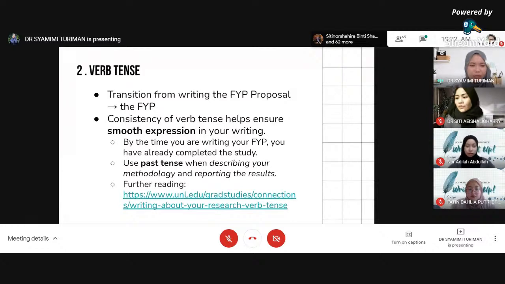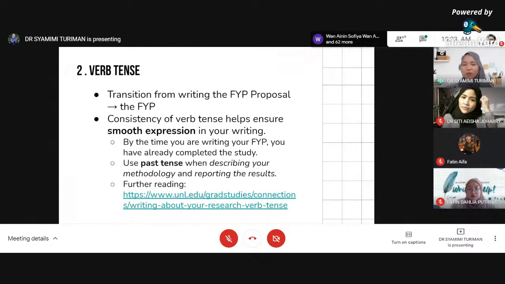A lot of students, out of convenience, because they were under the impression that the FYP would consist of 5 chapters, think: I'm done with the first 3, so I'm just going to copy everything that I already have in the proposal. I just have to continue writing chapters 4 and 5.